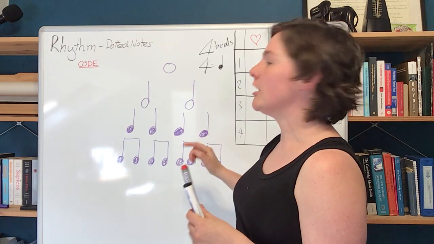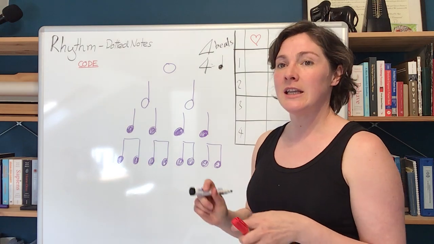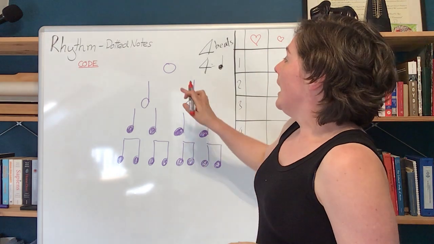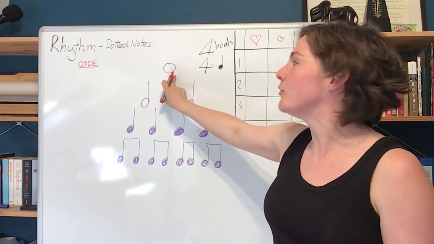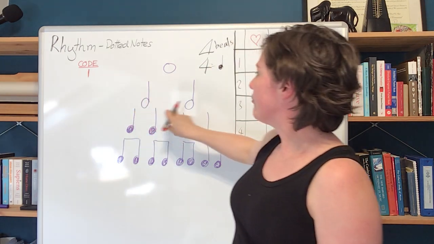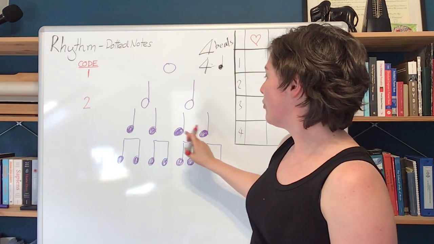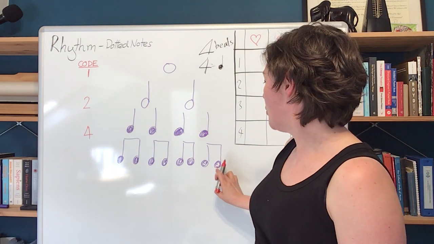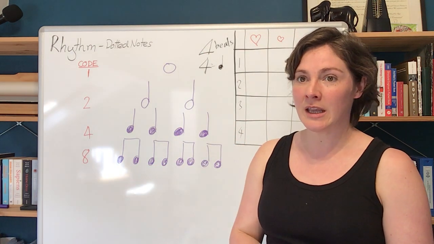We're used to thinking about this in terms of the beats, but they've got another element to them. If we count the blobs, or to use the technical term, the heads of the notes, we've got 1 blob for the semibreve, 2 blobs for the minims, or the 2 woos, 4 blobs for the crotchets, or the tars, and 1, 2, 3, 4, 5, 6, 7, 8 blobs for the quavers.